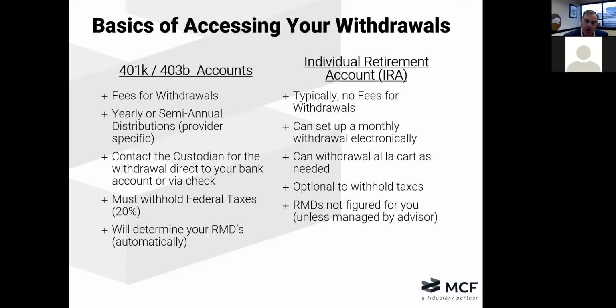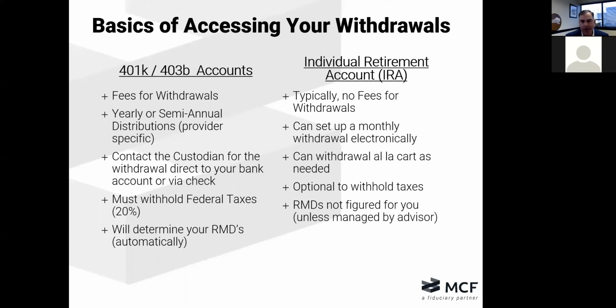First, if your money is staying in your employer-sponsored qualified plan, then you need to contact your custodian or record keeper for the specific options available to you within your plan. In my experience, custodians in 401ks or 403bs typically charge a withdrawal or distribution fee to access your money.